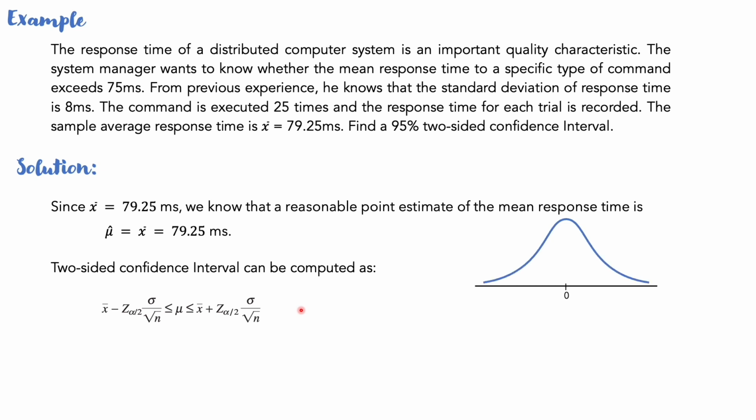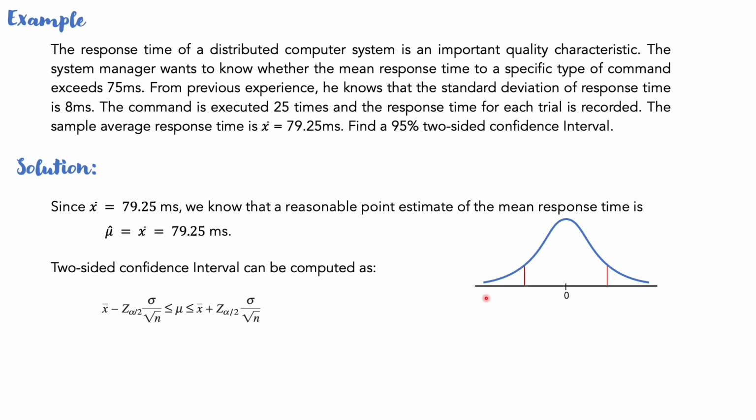the standard normal distribution. This is the standard normal distribution. Okay, so Z alpha over 2 on the negative side and Z alpha over 2 on the positive side can be marked like this. So 2.5% or 0.025 on the left side or lower side, and 0.025 on the upper side, right?